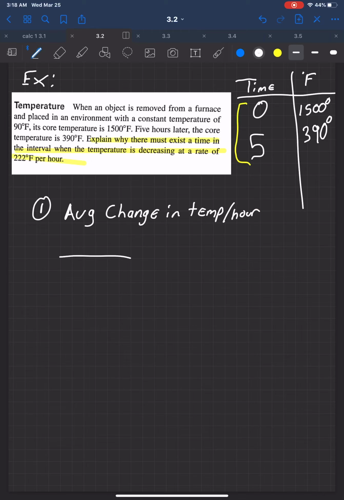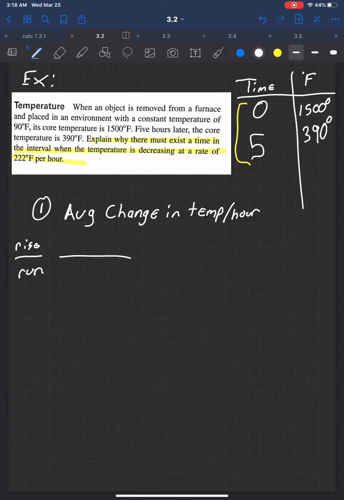If you read average change, rates of change, you should be thinking rise over run or the slope formula. So let's start with the average change in temperature per hour.